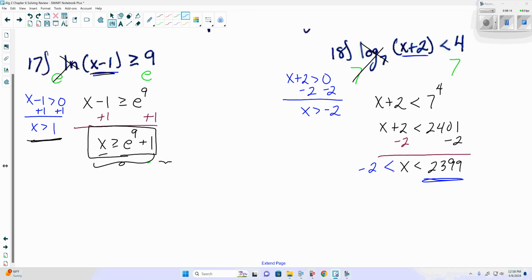But if the value of x is less than negative 2, it would cause what's inside the logarithm to be negative or 0. So we have to add this restriction that it has to be bigger than negative 2. So this is our final answer. So negative 3. Is negative 3 less than 2,399?